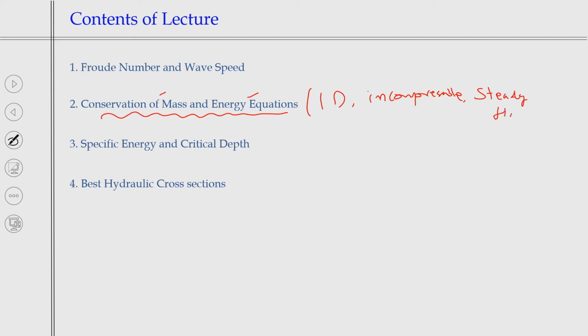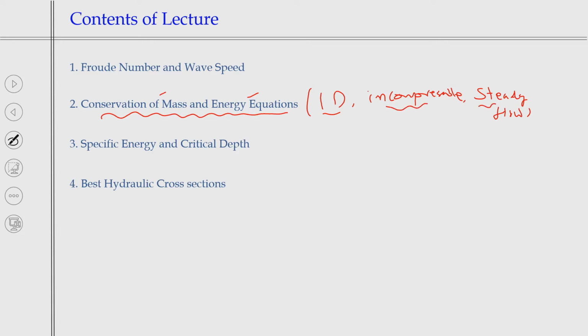That is the reason it is very easy to solve as compared to the many complex problems we have solved, but when you simplify it, the flow is one dimensional, incompressible and steady flow.